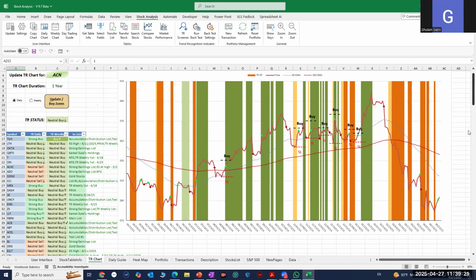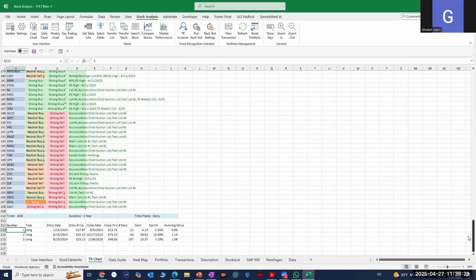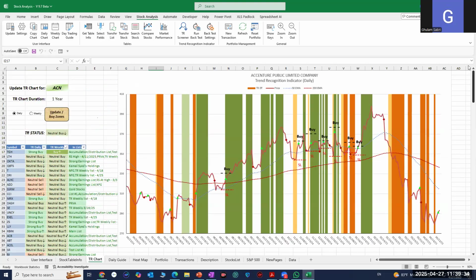Okay, so let's see the backtest result for that ACN for 1 year. And its return is only 7.19%. Now, what it does actually, as soon as the stop loss was hit, it took you out of the position. So you had some gain starting from this buy point, but from the rest of the buy points, it never approached those buy points, and it came down.